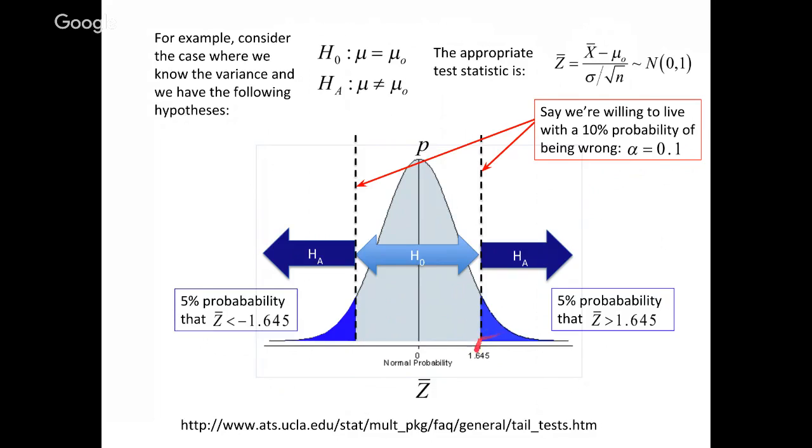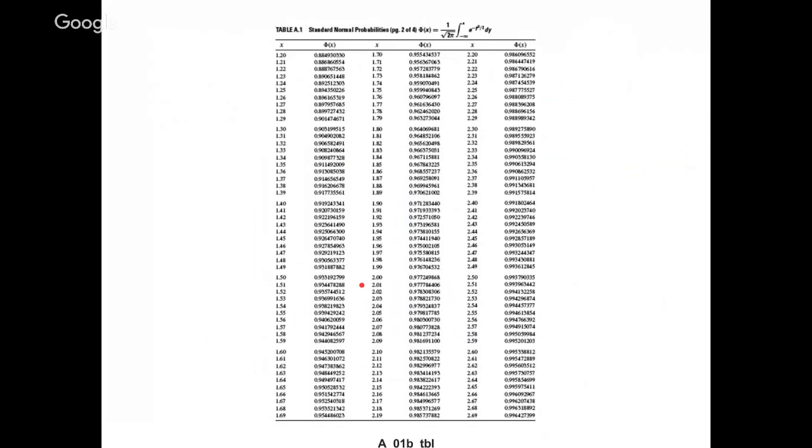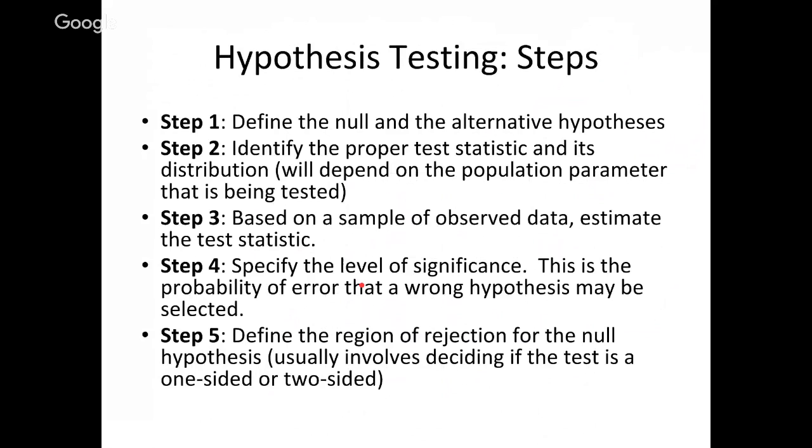And so any z-score values that we calculate from our sample mean that either exceed 1.645 or fall below minus 1.645, we're going to reject the null hypothesis, even though we know that it might be correct. Okay, so hopefully that makes some sense.